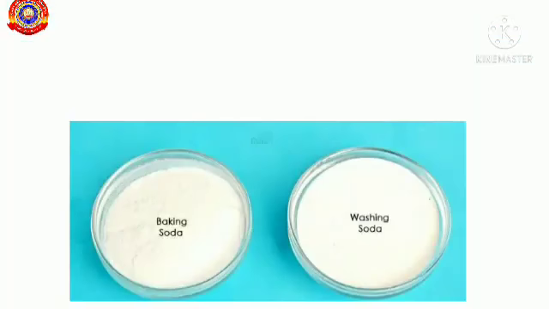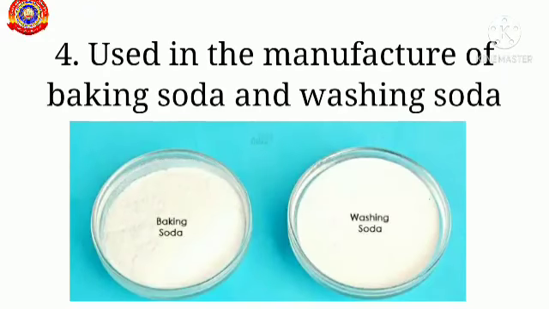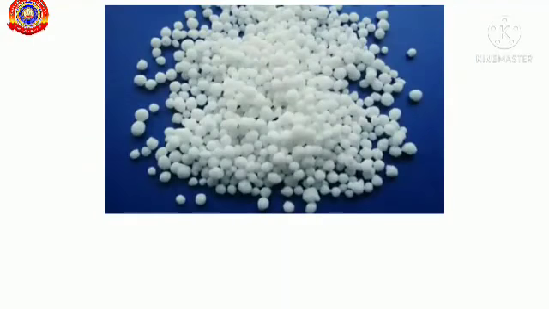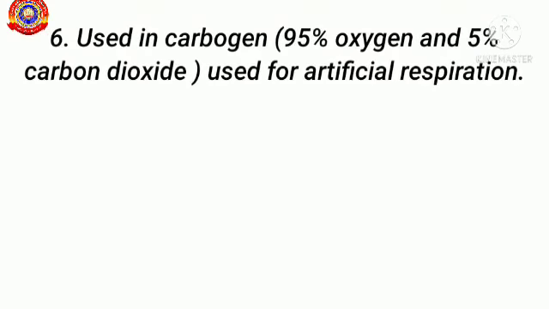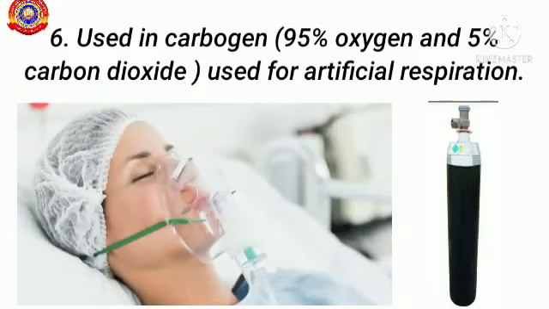The next use of carbon dioxide is in the manufacture of washing soda and baking soda, and also for the manufacture of chemical fertilizers like urea. Another important use of carbon dioxide is to stimulate breathing in the treatment of respiratory diseases in the form of carbogen.